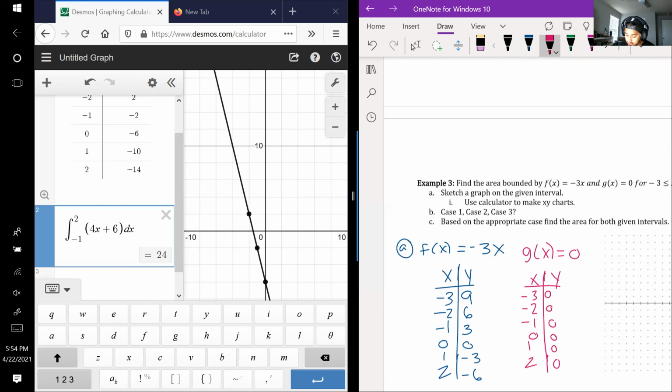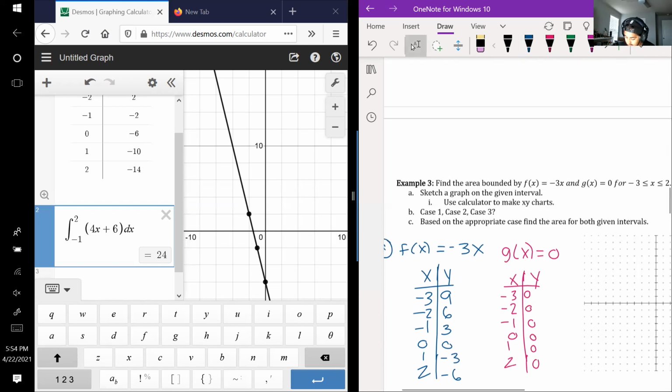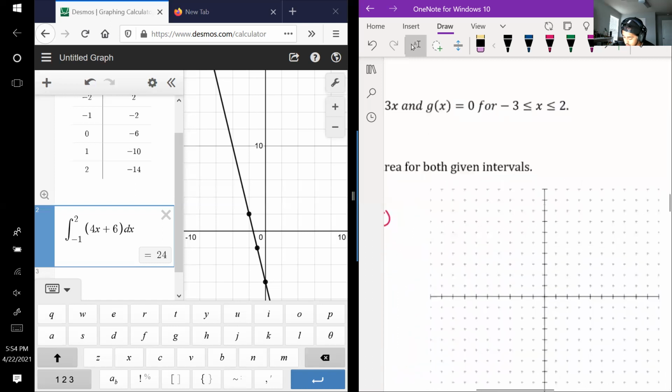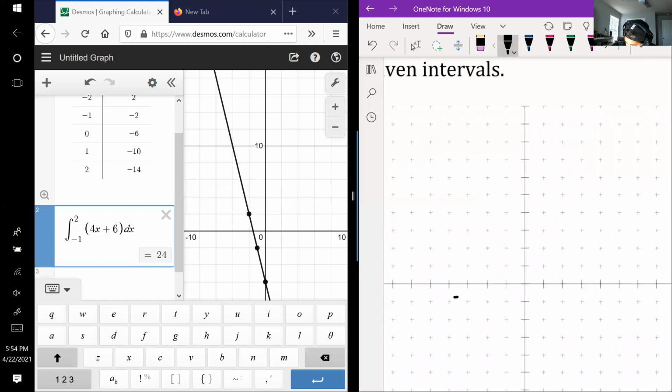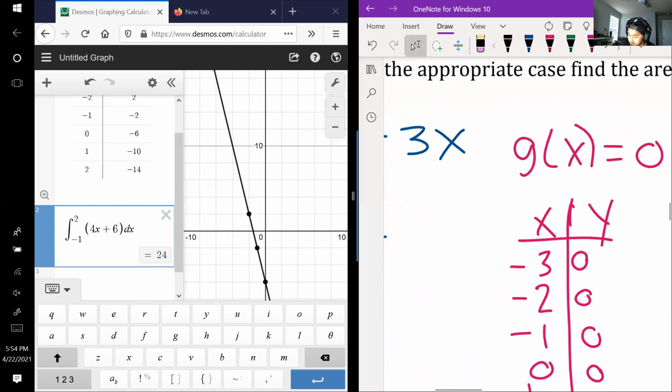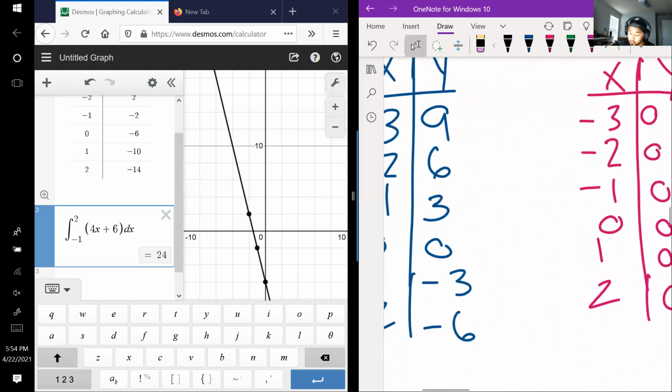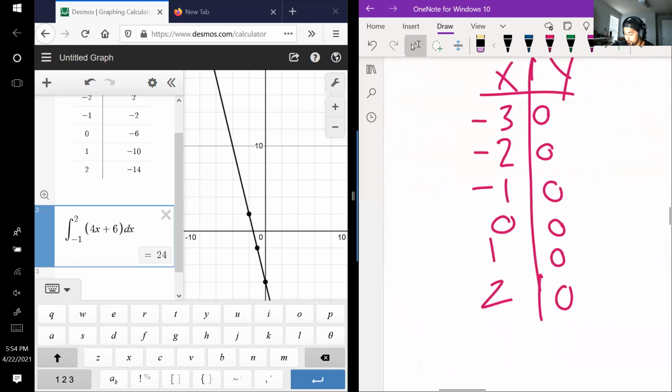Now let's make our intervals appropriate. And -3 to 2. So -3, -2, -1, 0, 1, 2. And the highest we go is 9. We're going by 3s. And the lowest we go is -6.